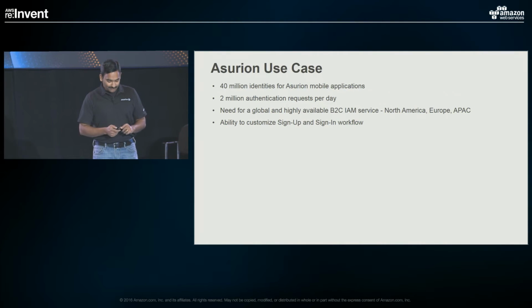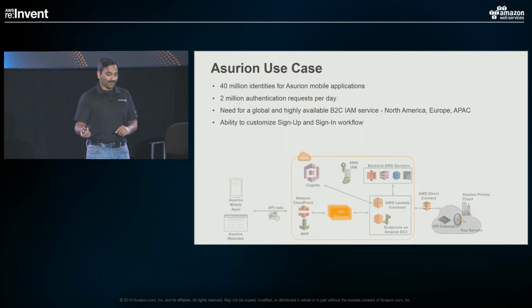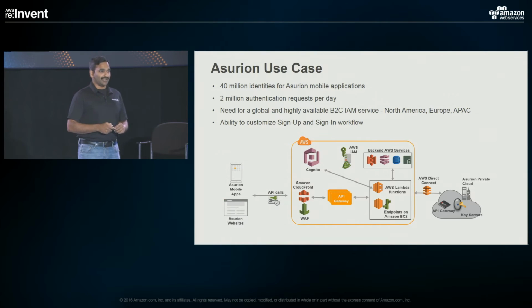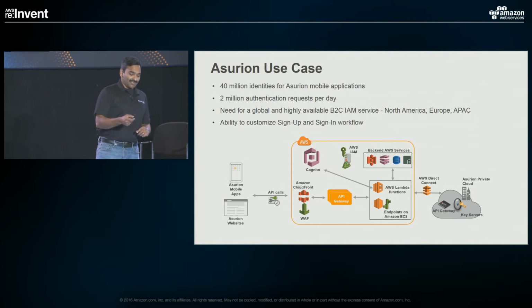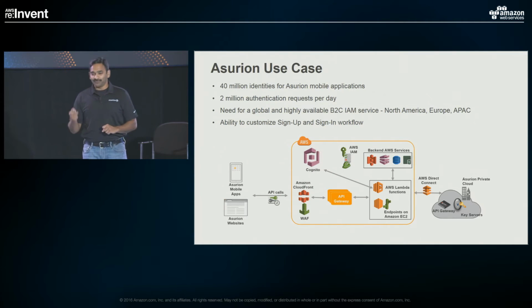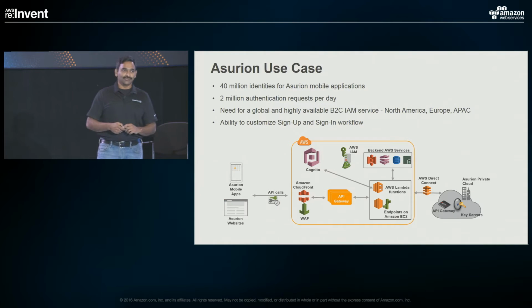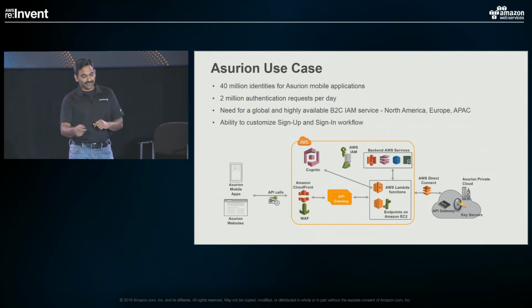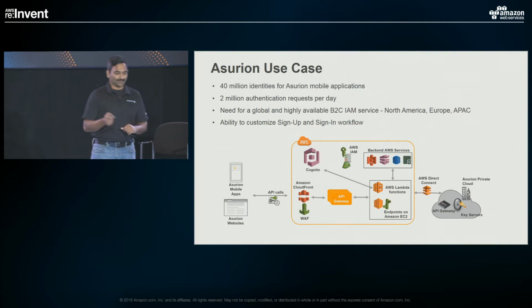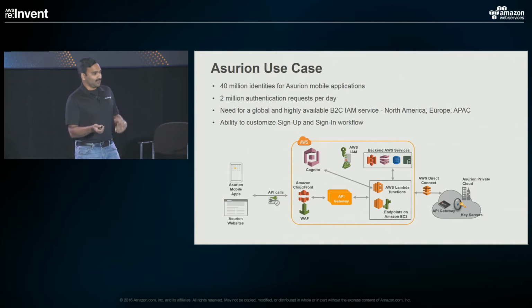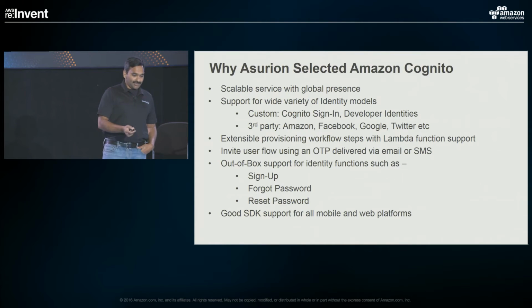And we started working with them to come up with the initial design. So the initial design is not much different from the patterns that Vikram walked through earlier. The only difference is the integration with our on-prem services, which is made possible by some of the out-of-the-box features that Cognito has. I'll get into that a little bit.